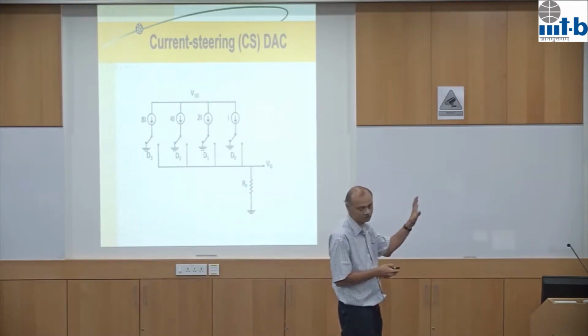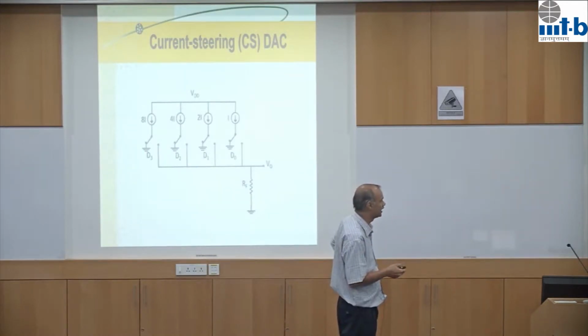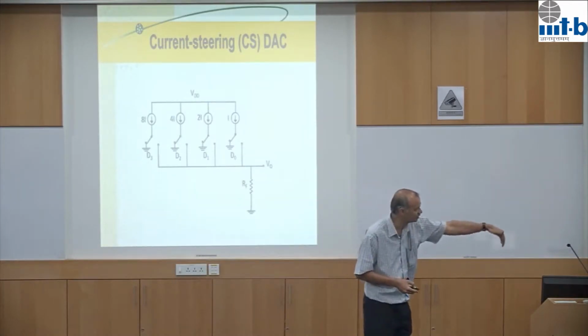So this is a simple conceptual diagram of how a current steering DAC works. There is an 8 times I, 4 times I, 2 times I, 1 times I, and these digital inputs are applied. If D0 is 1, then that switch will be connected to the right hand side. Similarly, if D1 is 1, that switch is connected to the right hand side, and the current flows in that RF.